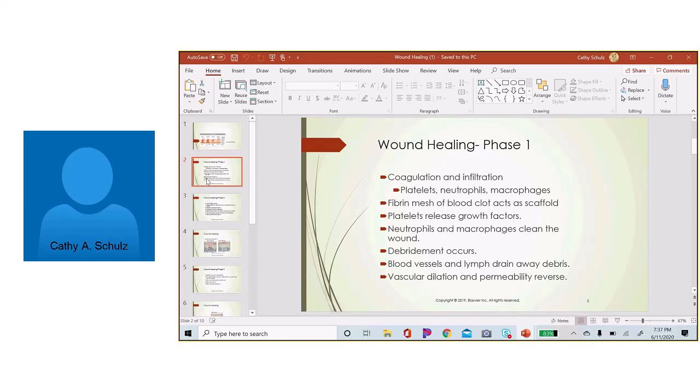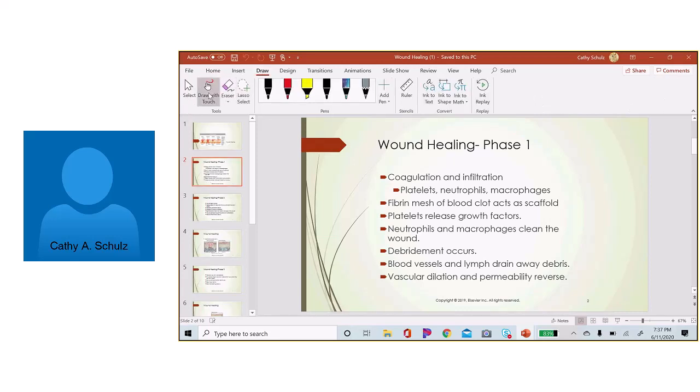We needed these cells not just because platelets help stop bleeding, but they also release growth factors that help form new vessels. So the only way we're going to get new vessels is from the growth factor released from platelets. So then we can revascularize the area that was injured.